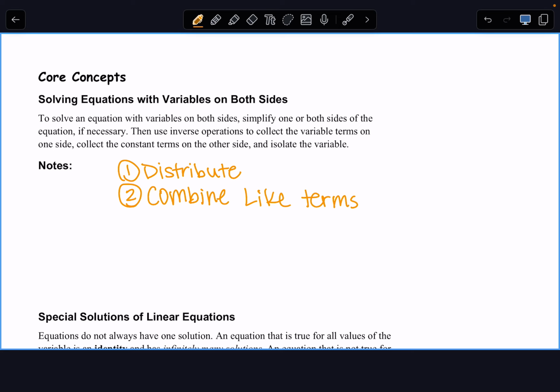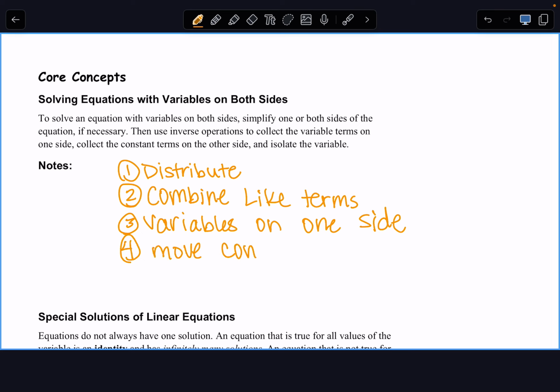All right. Then we can start moving things to one side or the other. It is in your best interest to move the variables first. Move your variables to one side. Move your constants to the other.